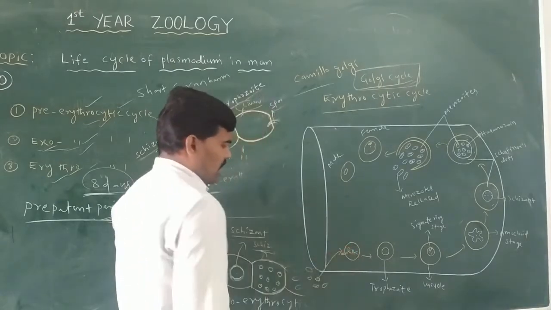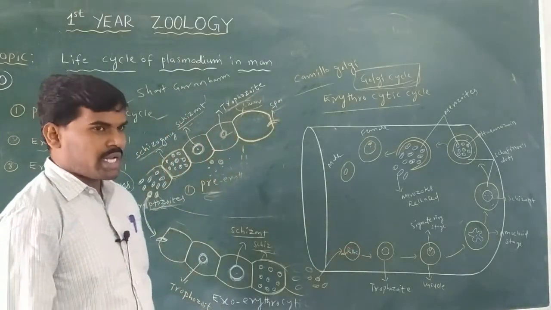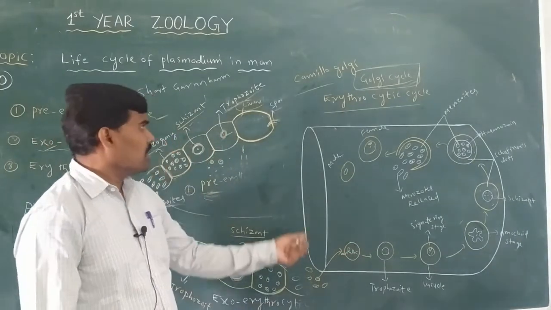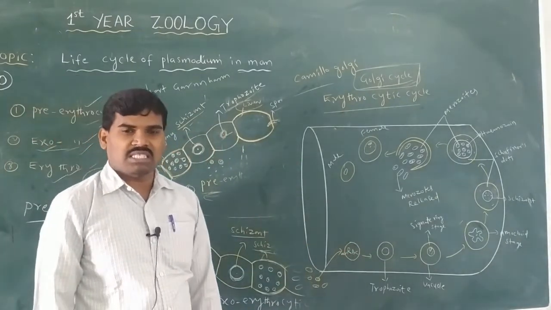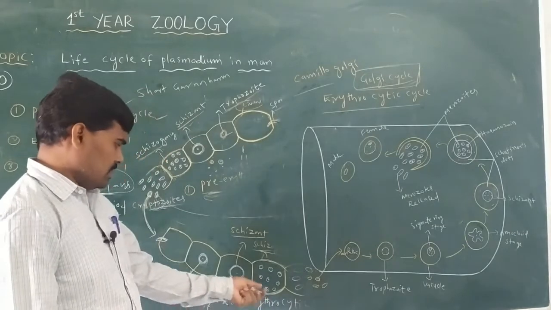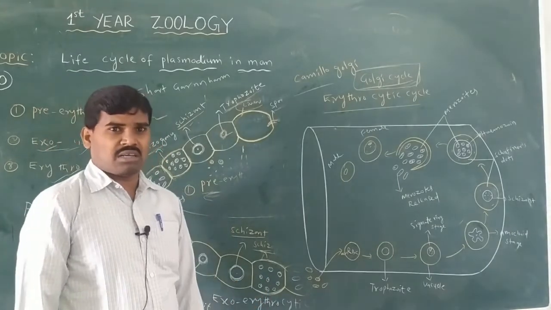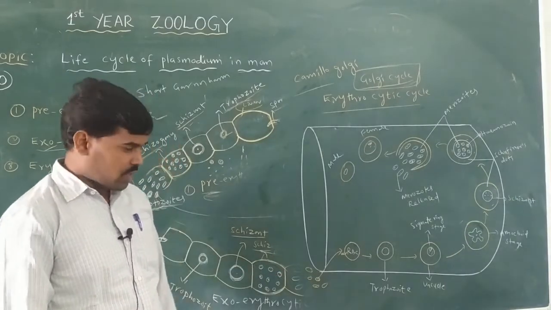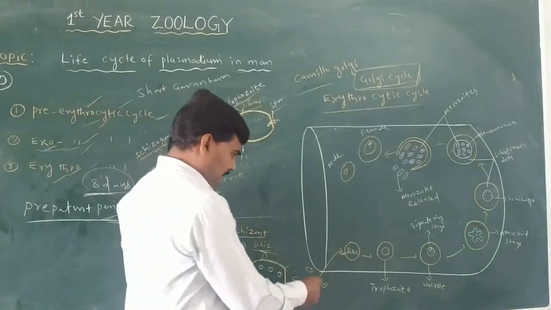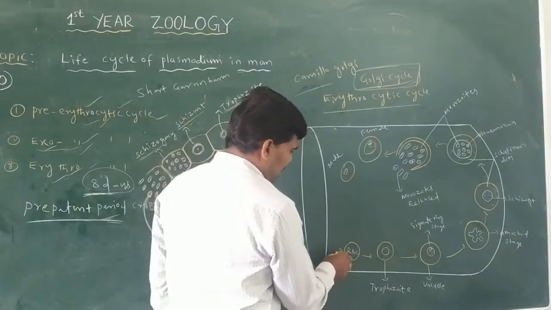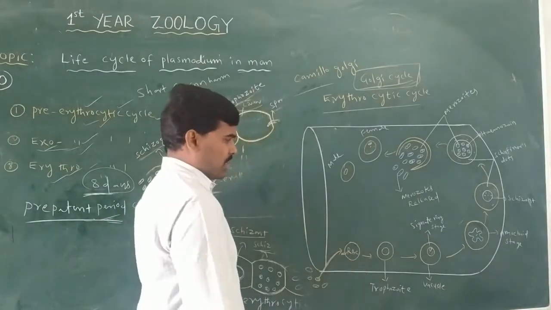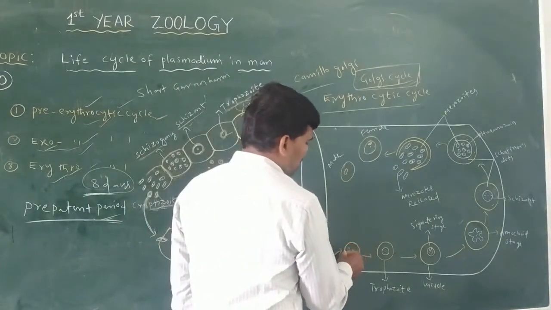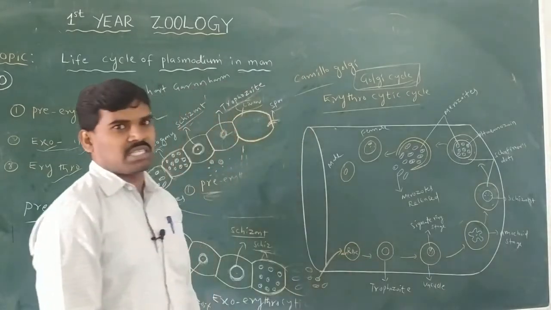The exoerythrocytic cycle, once completed, releases the micro and macro metacryptozoites. The micro metacryptozoites enter into the RBC, continuing the erythrocytic cycle.